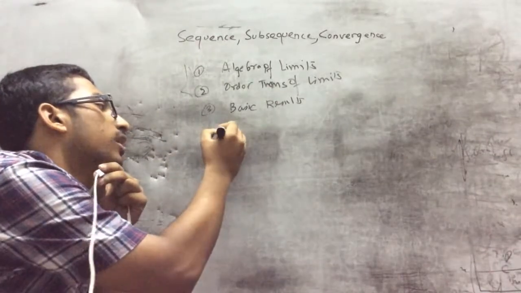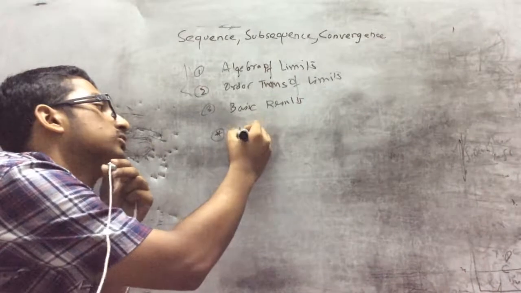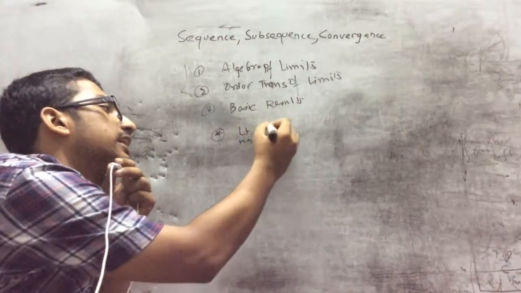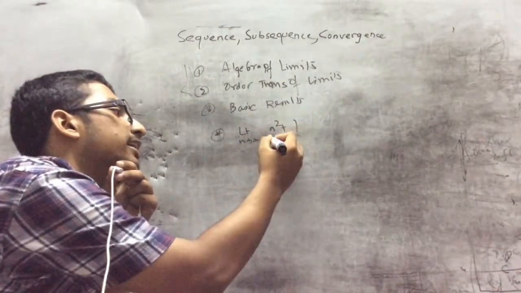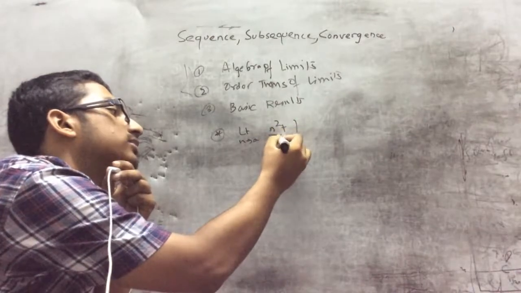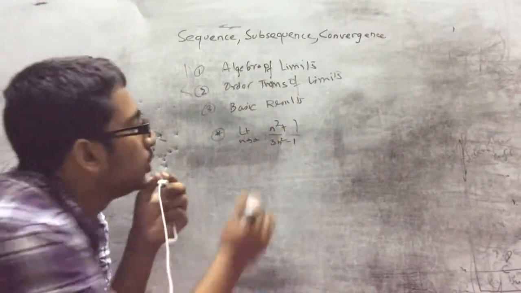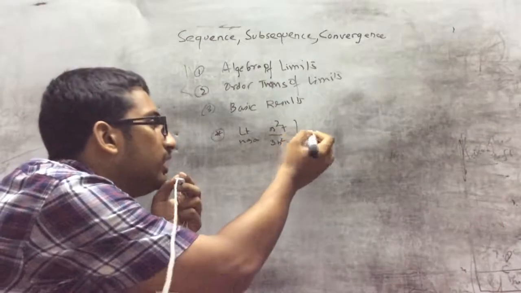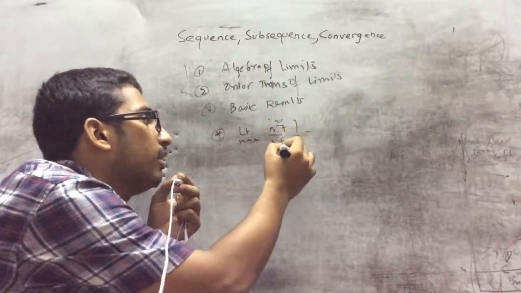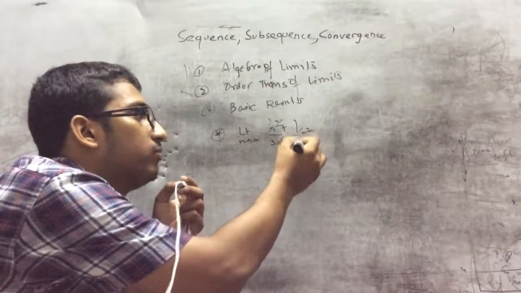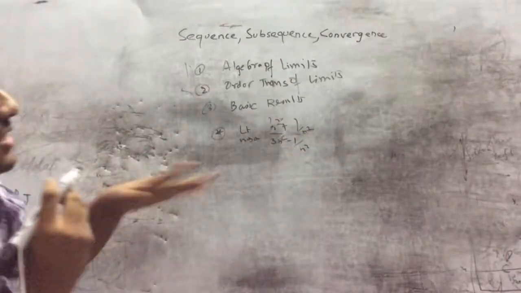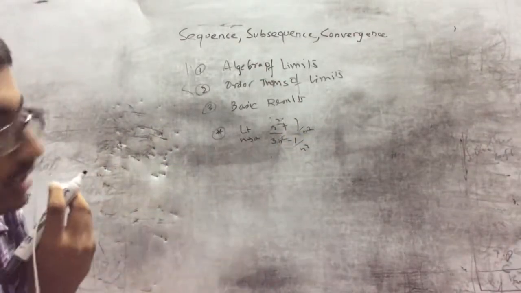First example, suppose limit n tends to infinity of (n square plus 1) by (3n square minus 1). Doing the same thing, you just divide by n square. I am doing it informally; write down the answer formally.